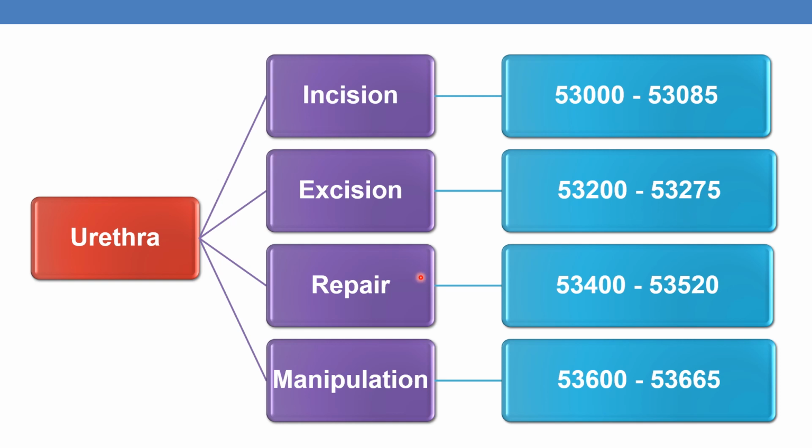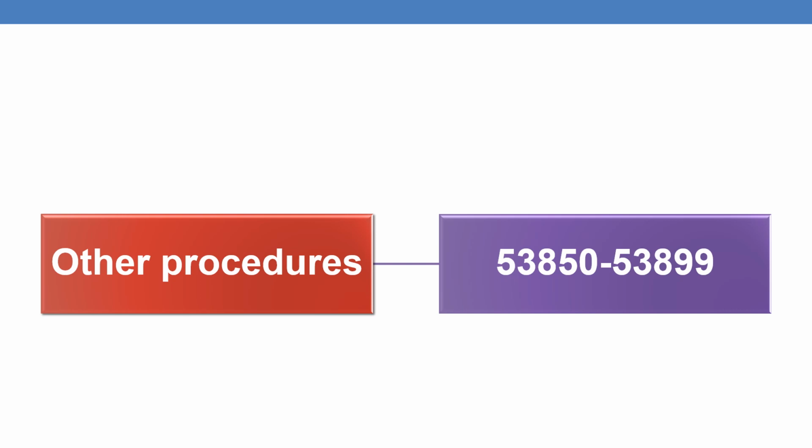Repair CPTs are in the range 53400 to 53520. And finally, manipulation is in the range 53600 to 53665. Along with that, we will be discussing other procedures also, which are in the CPT range 53850 to 53899.